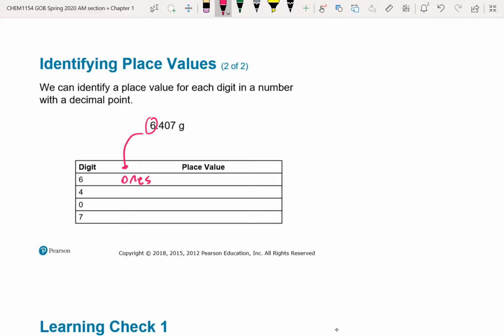So that 4, immediately after the decimal point, is the tenths, so that's 4/10. And then the 0 would be the hundredths place. And then 3 places after the decimal point, where the 7 is, would be the thousandths.